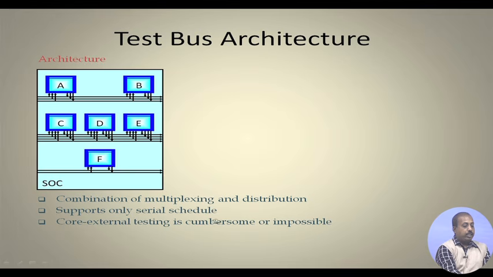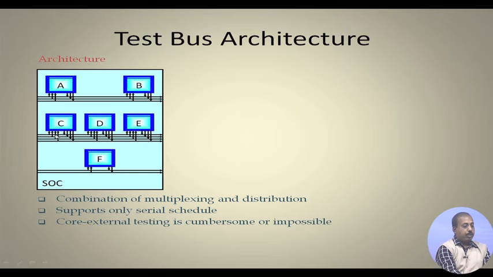Core external testing is cumbersome or impossible. Core external testing means you have to somehow put values onto the interconnects. Suppose I want to test an interconnect from A to E, then what is required is that on the A bus I have to put the value that we want to pass through the interconnect at the output, and then that output has to be sent to E, and again I have to sense it here.